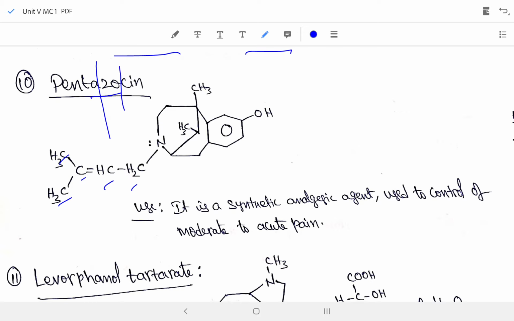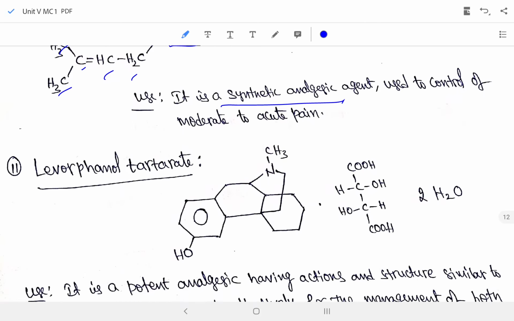Azo, a nitrogen-containing heterocyclic ring, that means the 6-membered piperidine ring is expanded into an 8-membered ring, and there is another cyclic structure, cyclohexane, fused with the benzene, and that benzene has a hydroxyl group. So this is the structure of pentazocine, and we have to remember that it is a synthetic analgesic. It is not natural, it is synthetic.